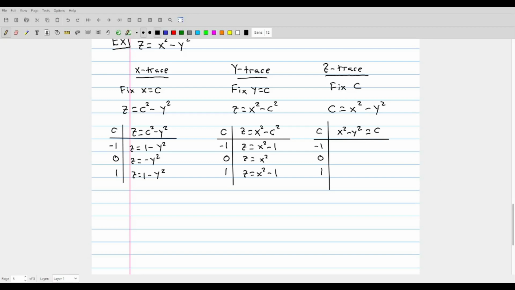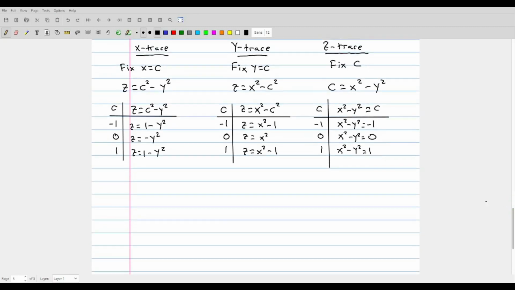And lastly, for the z trace, we have the curves x squared minus y squared is equal to -1, x squared minus y squared is equal to 0, and x squared minus y squared is equal to +1. Those three curves are the traces corresponding to each individual value of c for this function.